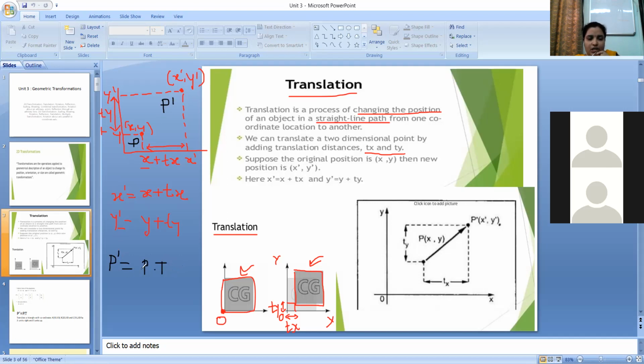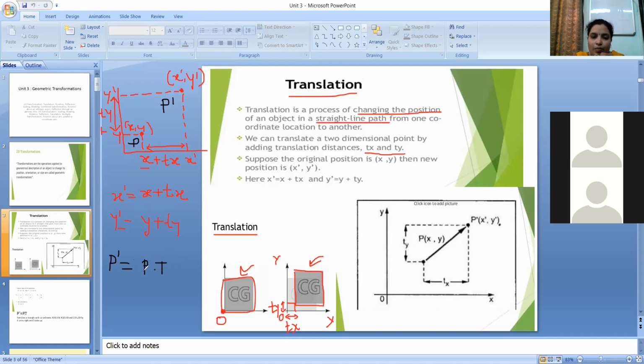So I want to represent P dash with the original matrix P into T. T, in short, we are going to call the transformation matrix. Here, the transformation that we are considering is translation, in which only the position is changing. So here T represents the T matrix for the translation.